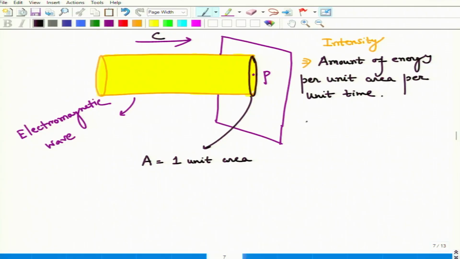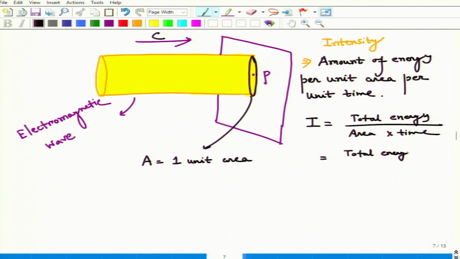So intensity I should be total energy divided by area into time, that is, total energy per time divided by area.